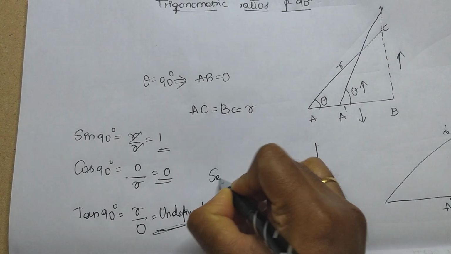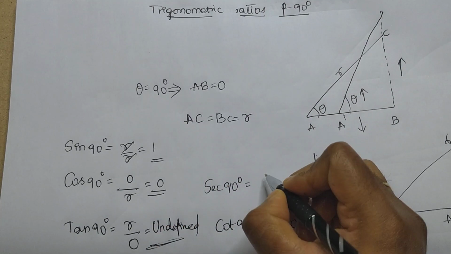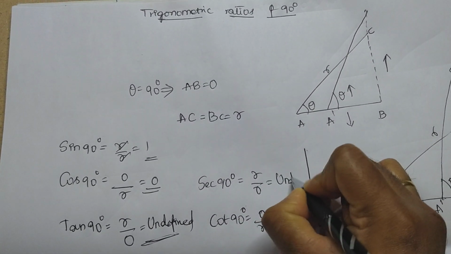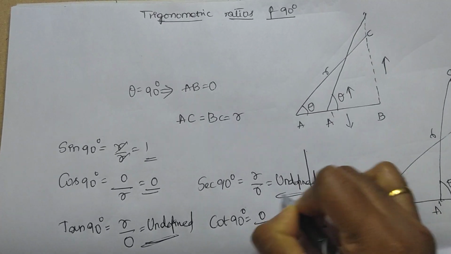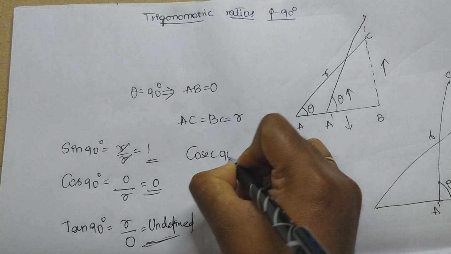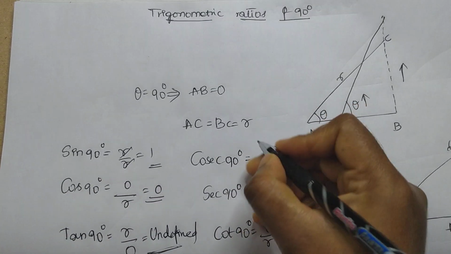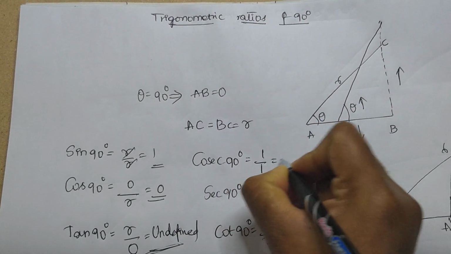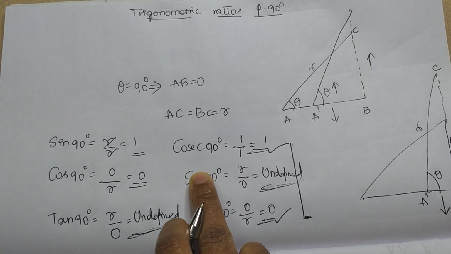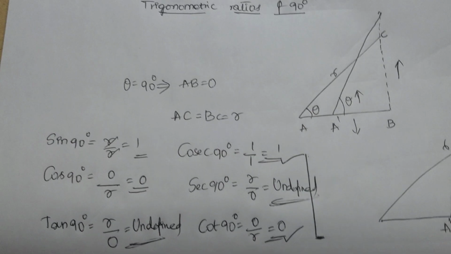The same way, secant 90 equals how much? It is R by 0. If something by 0, it is undefined. Okay. Cosecant 90. What is cosecant 90 here? It's the inverse of sine. So 1 by 1, that is equal to 1. Clear? Cosecant 90 you can otherwise write as R by R, which becomes 1.